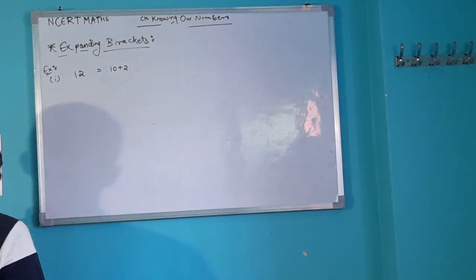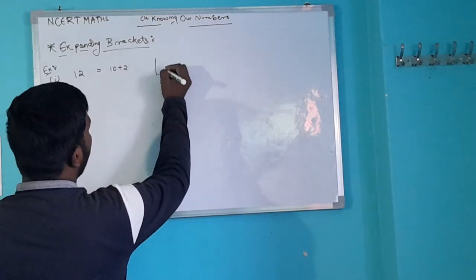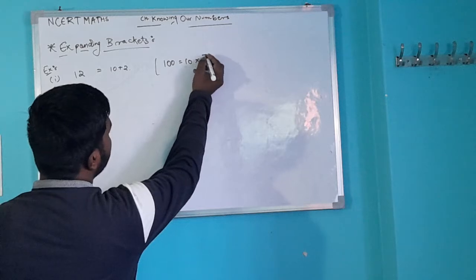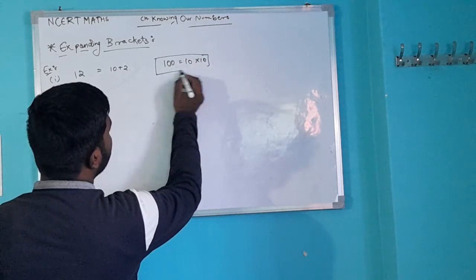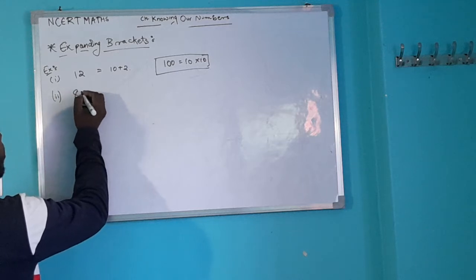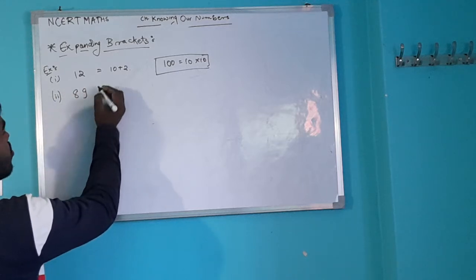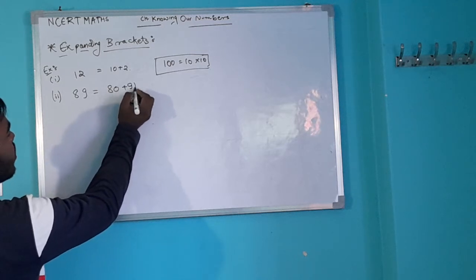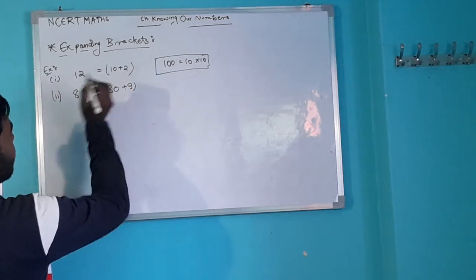In previous classes, we also explained how we write 100 as 10 into 10. Again, taking an example, here we have 89. We also write it as 80 plus 9 in bracket form.